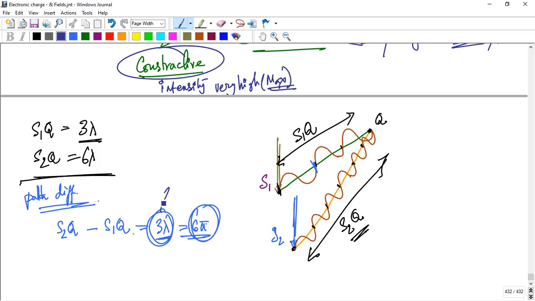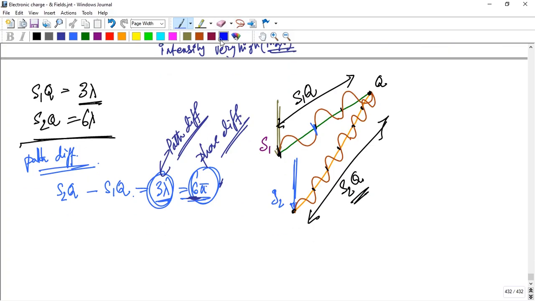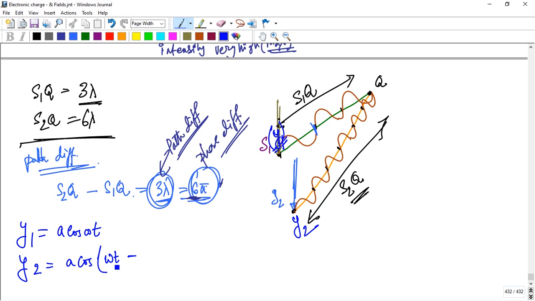So the two waves are y1 produced by S1 and y2: y1 is a cos omega t, and y2 is a cos of omega t minus 6 pi.